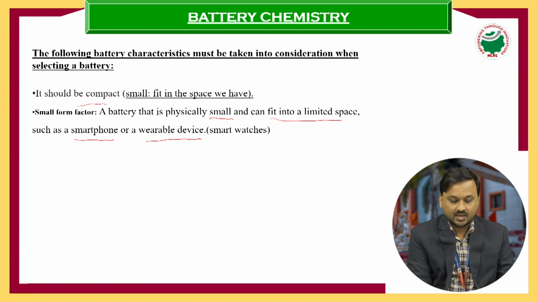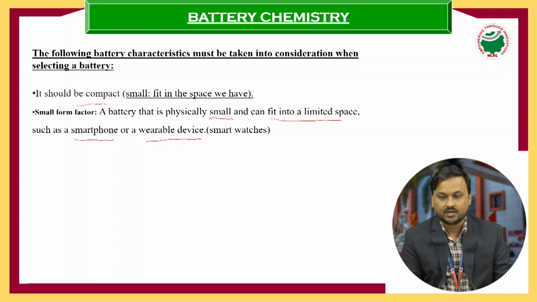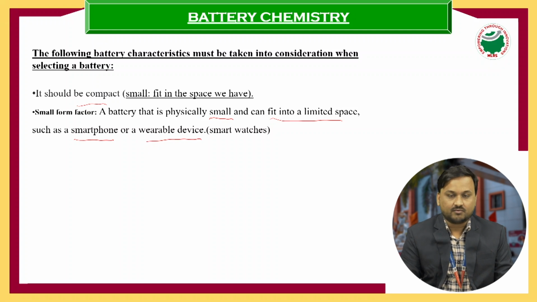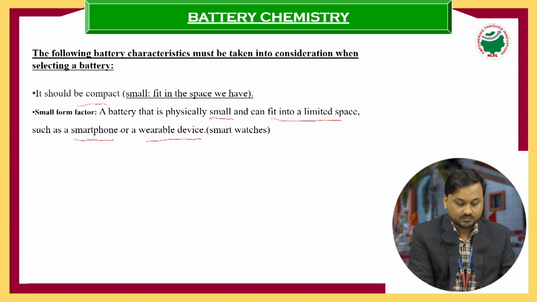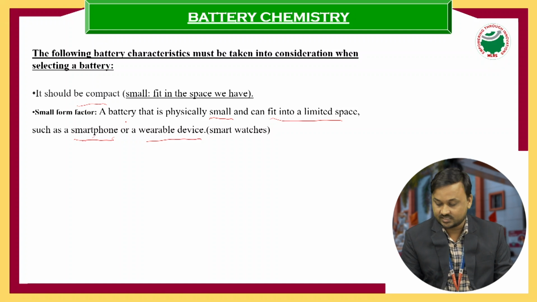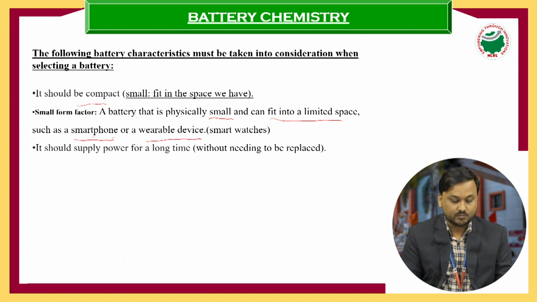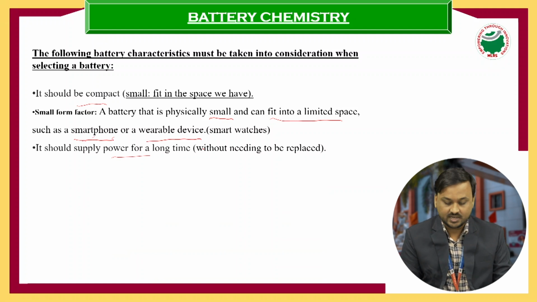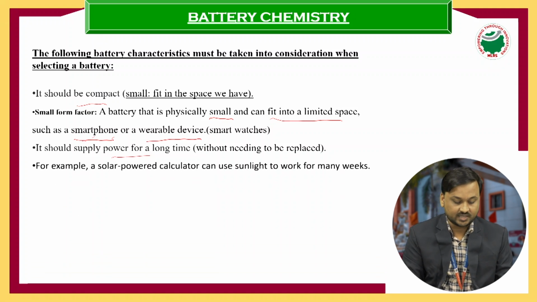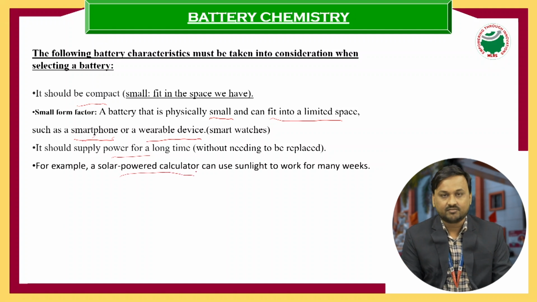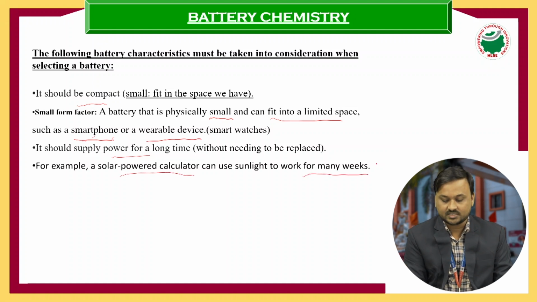Physically the battery is very small, but it works very well in smartphones and wearable devices. Next, it should supply power for a long time without needing a recharge. For example, take a solar power calculator; it will work for many weeks.